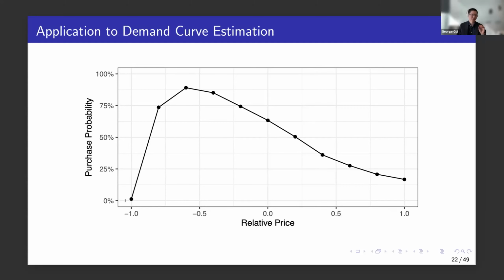As it increases, we see a range where there is an upward sloping demand curve, and then later as the price goes up, we have a downward sloping demand curve. To some degree, you can think of this as like observational data, where you will also see a demand curve like this if it's not estimated properly, or there are confounding issues, like we see an upward sloping demand curve in some regions because there are some unobservables affecting the price and demand at the same time. So for GPT, we also see this inverse U-shape demand curve.